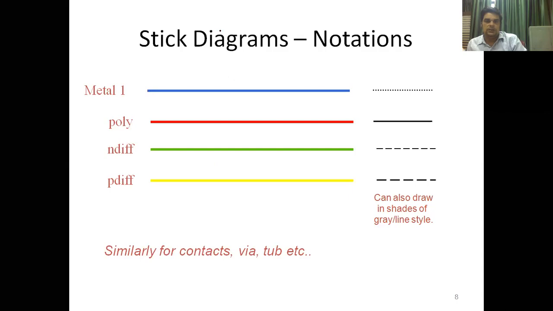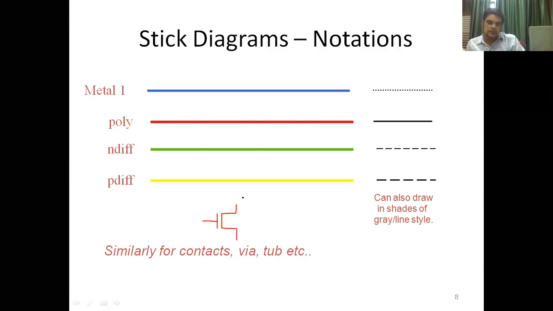In order to understand these lines, let us consider the simple structure of a NMOS transistor. So what does NMOS structure look like? It looks like this.